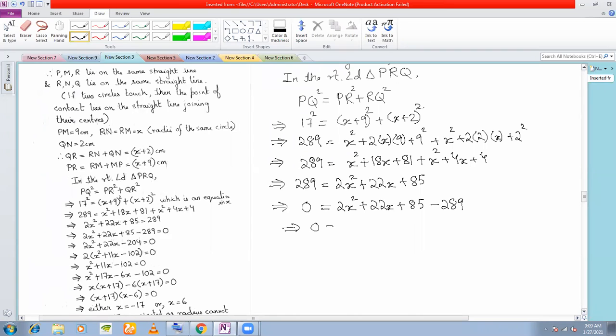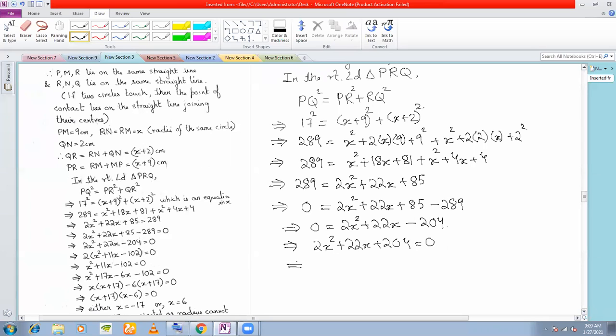So you get 0 is equal to 2x square plus 22x. 85 minus 289 is minus 204. So you're getting a quadratic in x. 2x square plus 22x minus 204 is equal to 0.